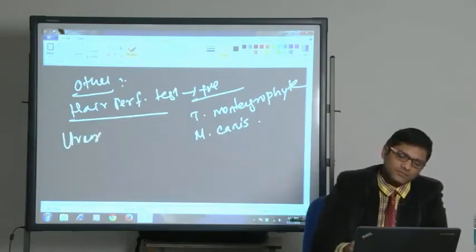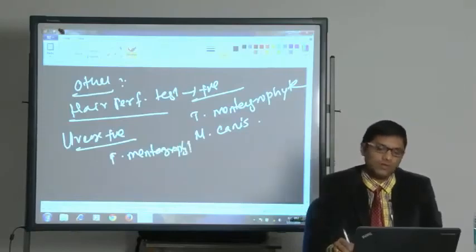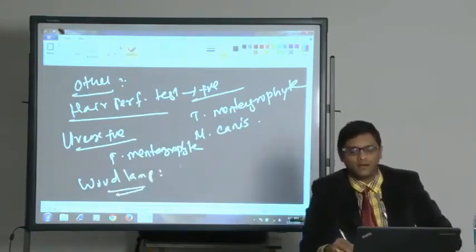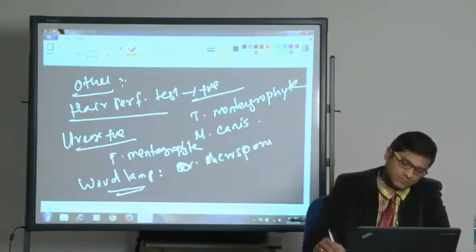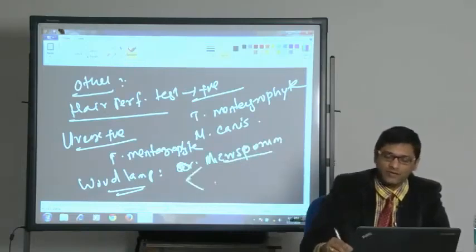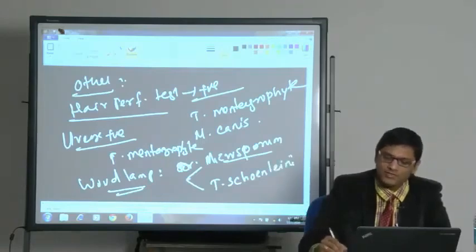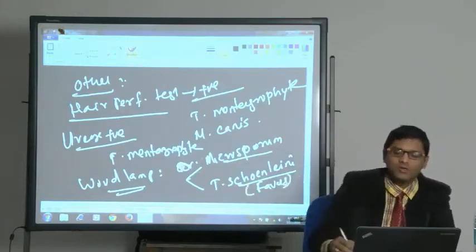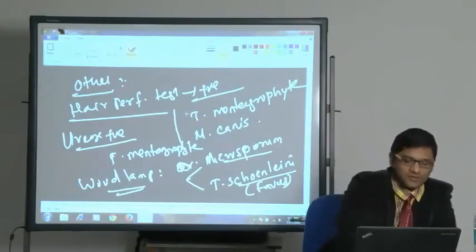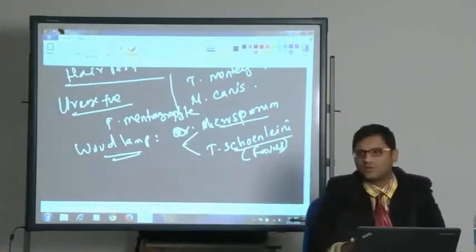Similarly, urease is positive, again for Trichophyton mentagrophytes. Wood's lamp examination can be done mainly for Microsporum species and one species of Trichophyton, Trichophyton schoenleinii, which is the agent of favus. So most Microsporum species and one species of Trichophyton are Wood's lamp positive. They will fluoresce under Wood's lamp examination.